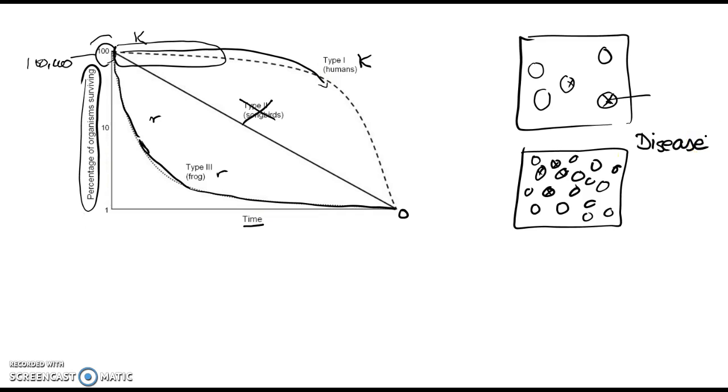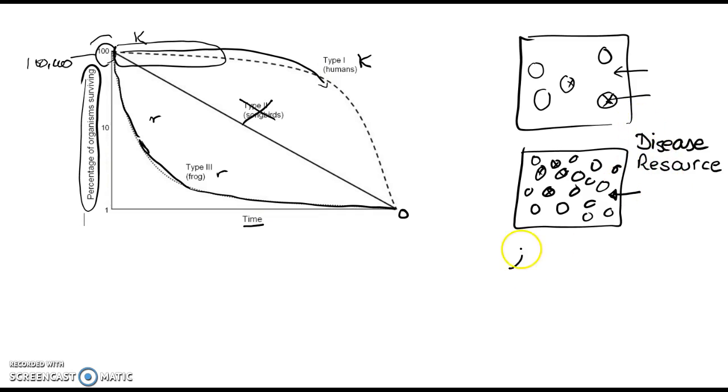The other thing, some of you mentioned these, would be resources. If we have a low density of an animal or a plant, the resources that it needs will be able to be accessed by that individual. But in a dense population, there will be far more need, more competition, and so that's going to limit the population.